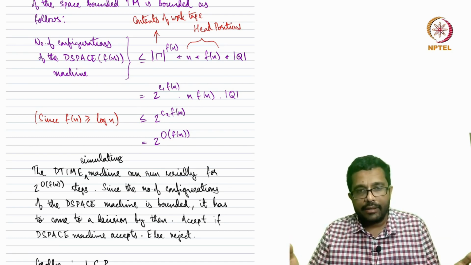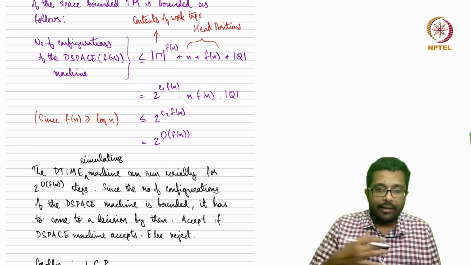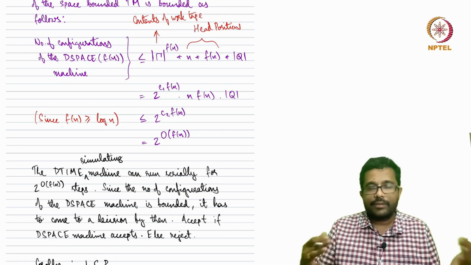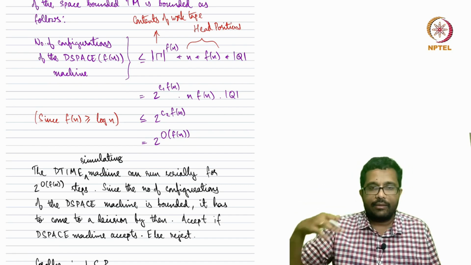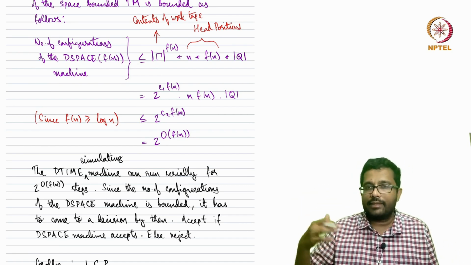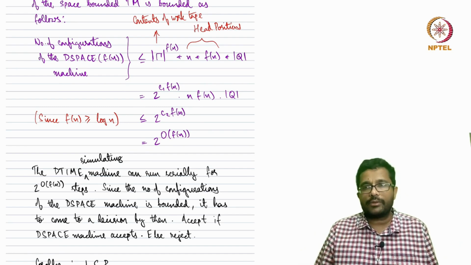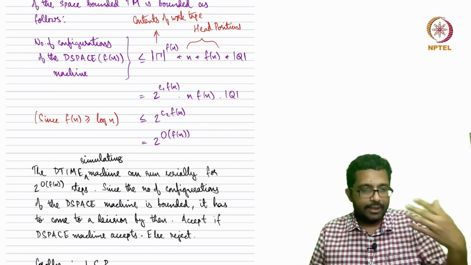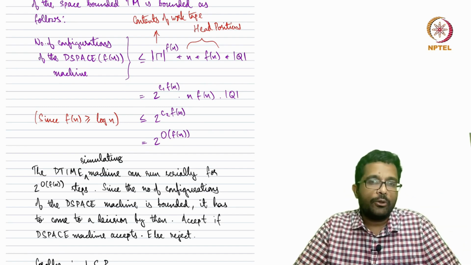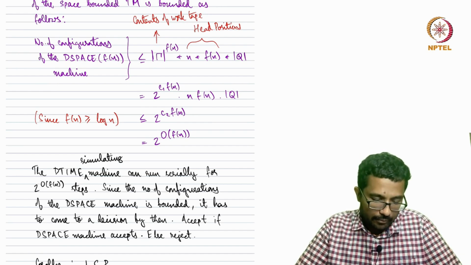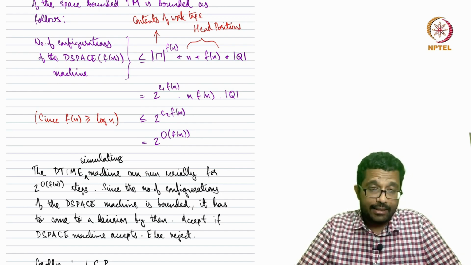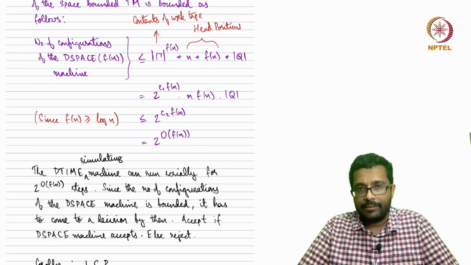Let's say there are only 100 configurations, and if you have run 110 steps and we have still not accepted or rejected, some configuration is repeating and it's just going to repeat again. There is no point going through the loop over and over again. We may just as well assume it is stuck in a loop and reject the input.